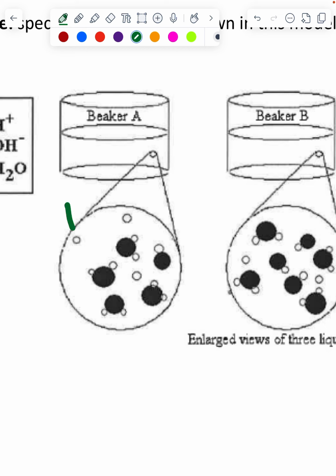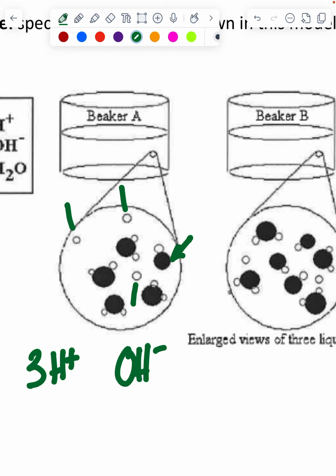So notice there's 1, 2, 3 H's, and there's 1 OH. I'm going to do a greater than sign there just so that you can see there's more H's than OH's.